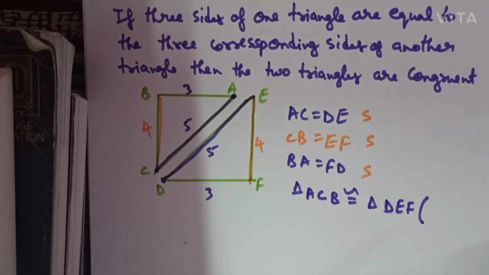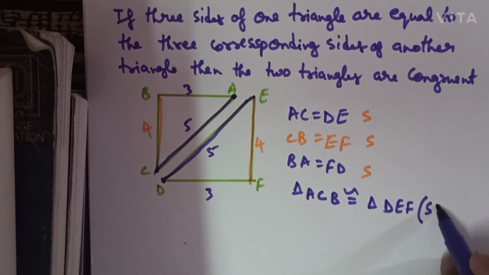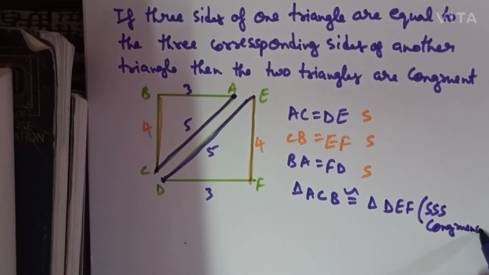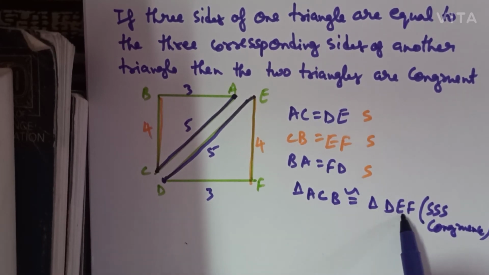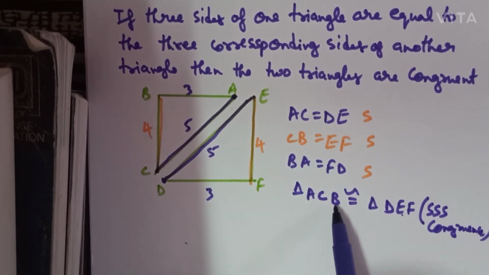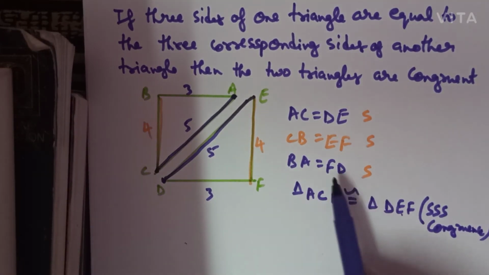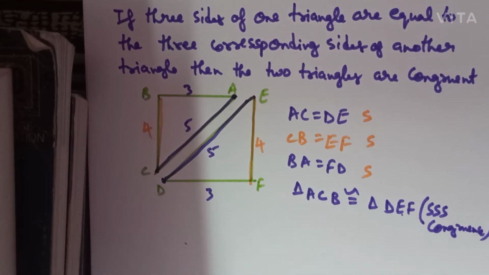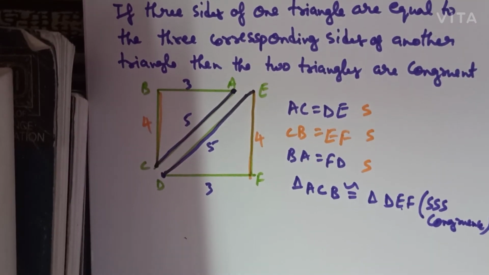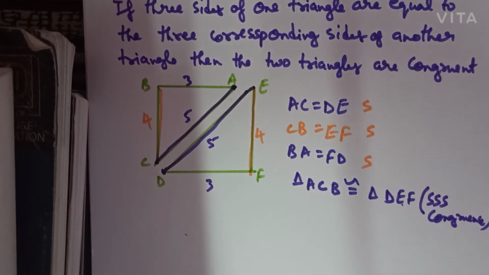Again I am reminding you that we have to see that the corresponding vertices should match. SSS congruence. Here AC is equal to DE, yes it is. CB equals EF, yes it is. BA is equal to FD, yes it is. So it is proved by SSS congruence that triangle ACB is congruent with triangle DEF.